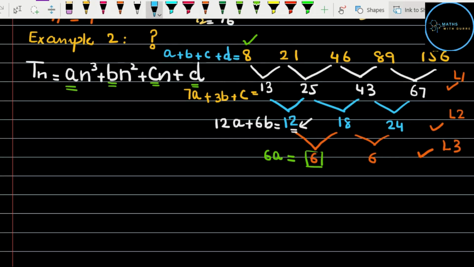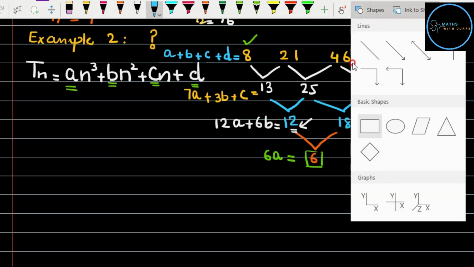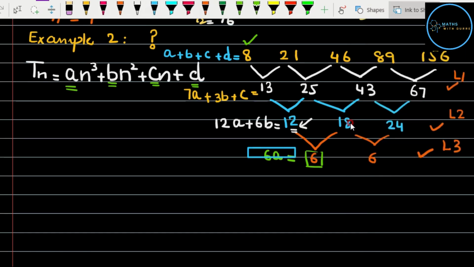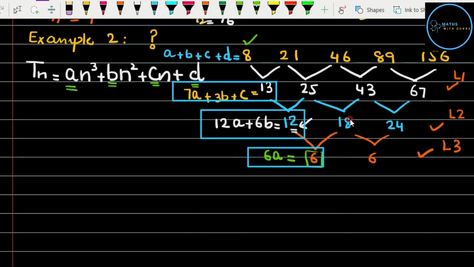So in the end, we will use all these 4 equations: the first to find a, the next to calculate b, the next to calculate c, and the last one will help us calculate d.